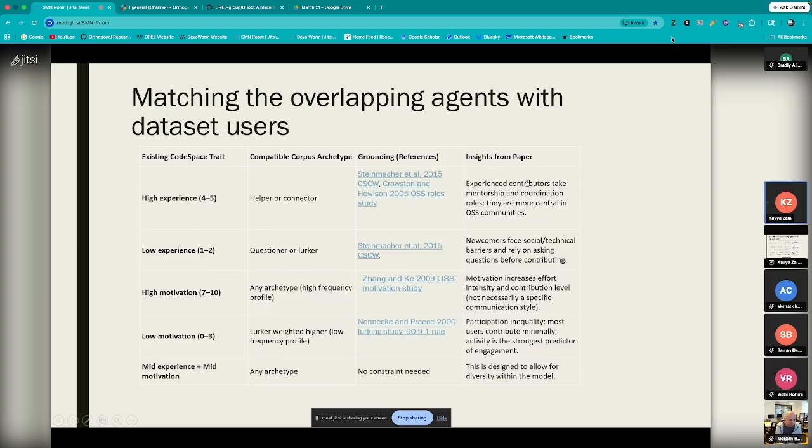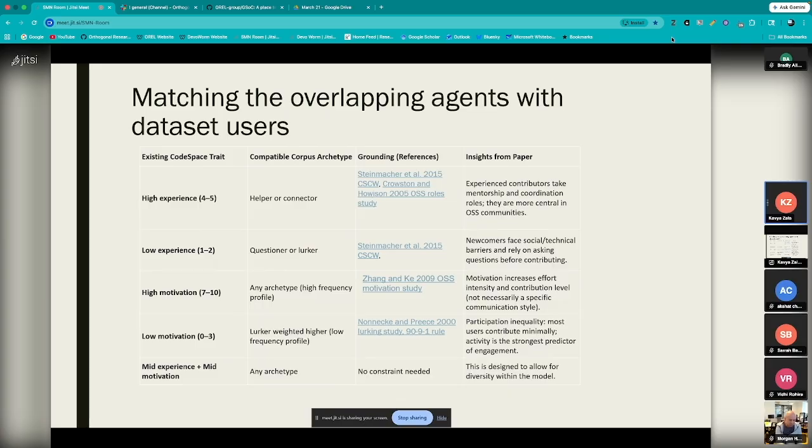Also, there are papers like Promise and Hicks, which show that OSS communities do require sentiments, and the Hicks paper shows that there are different types of archetypes like helper, connector, questioner, lurker. A helper helps continuously, most of the time, whenever a question is raised.